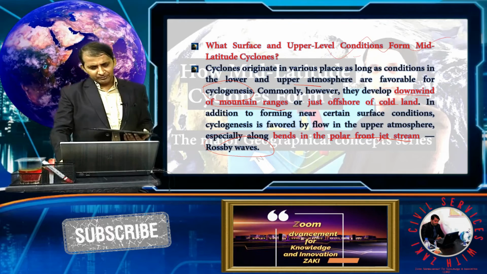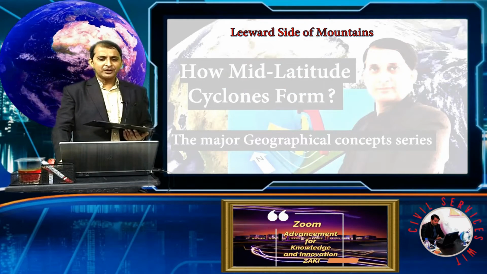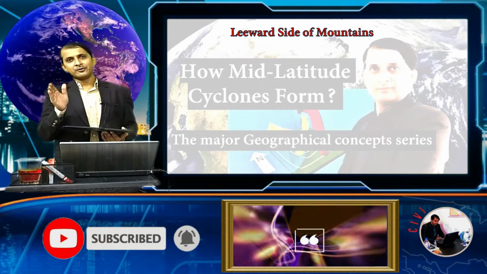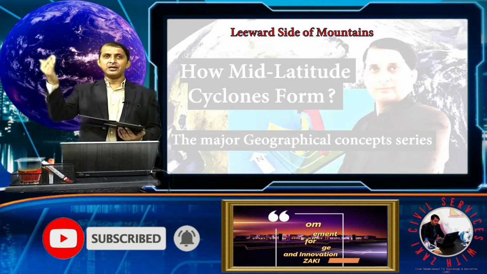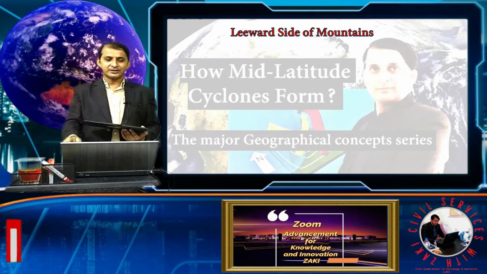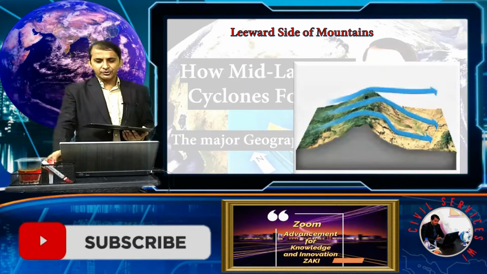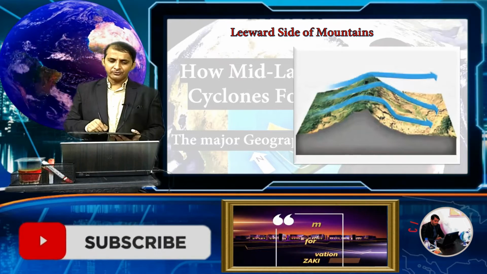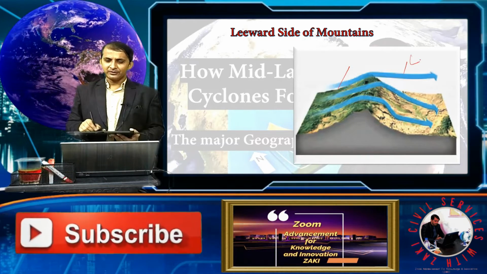So we move forward and see the leeward side of the mountain. This type of cyclone forms in the mid-latitudes on the leeward side of the mountain range. See here, this is called the windward side, and this is called the leeward side.